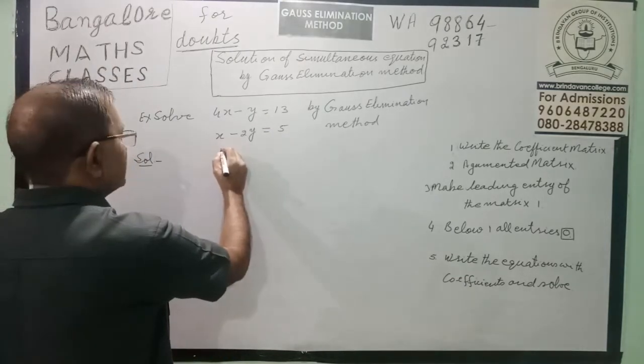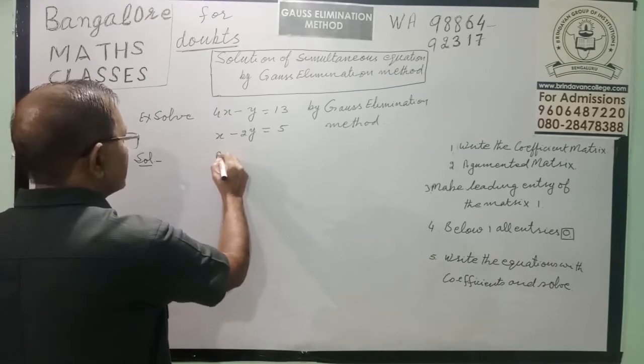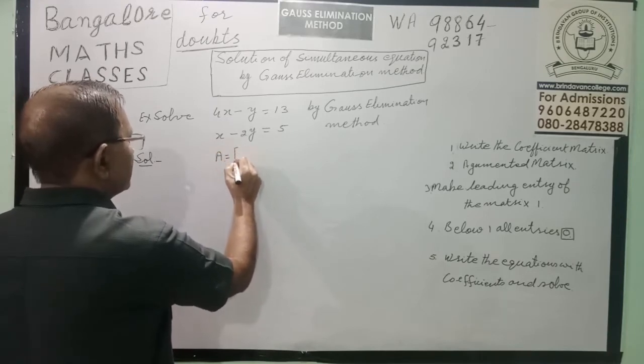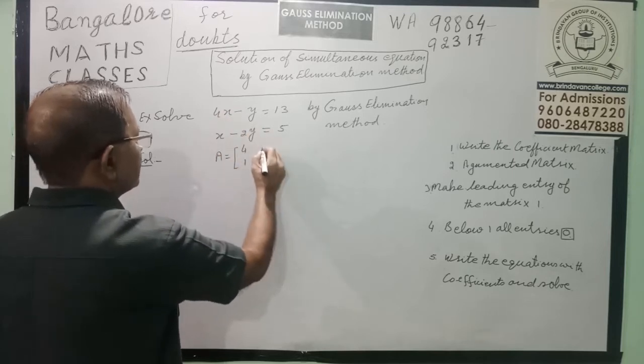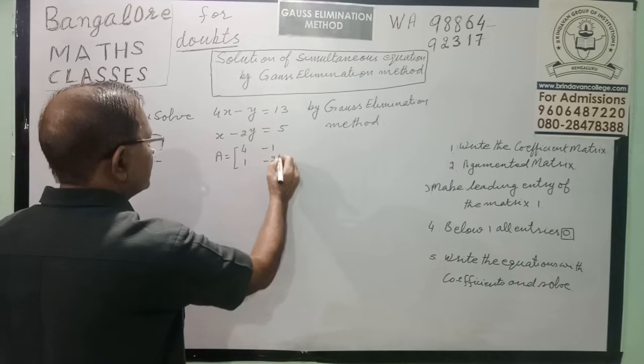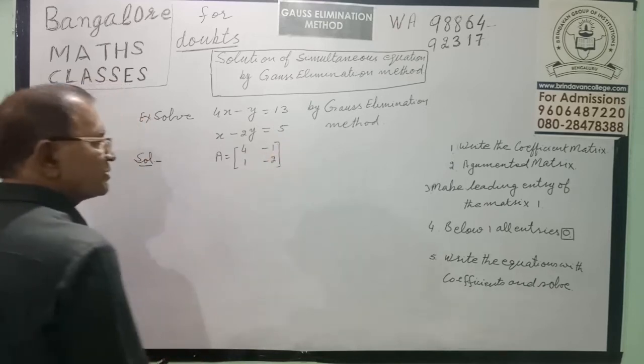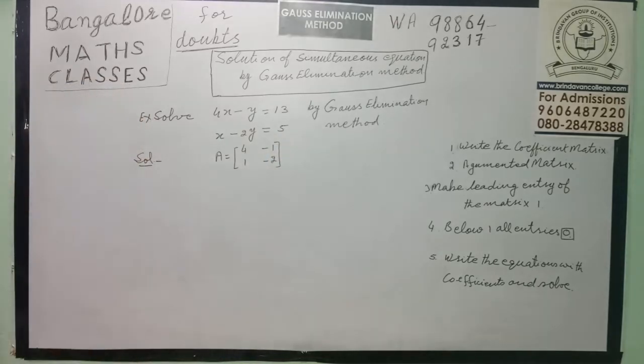Now, first step, write the matrix. X coefficient 4, 1, y coefficient minus 1, minus 2. So, first step, write the coefficient matrix.